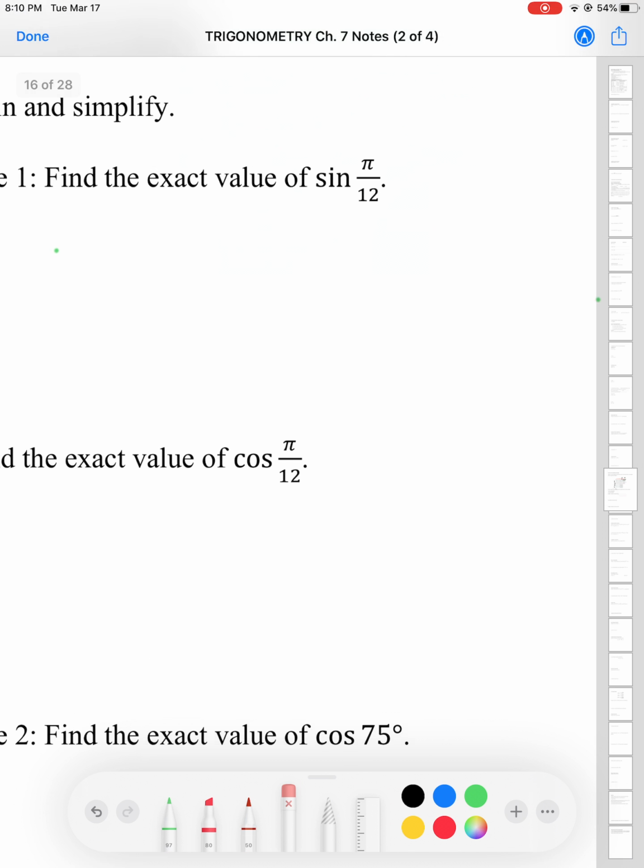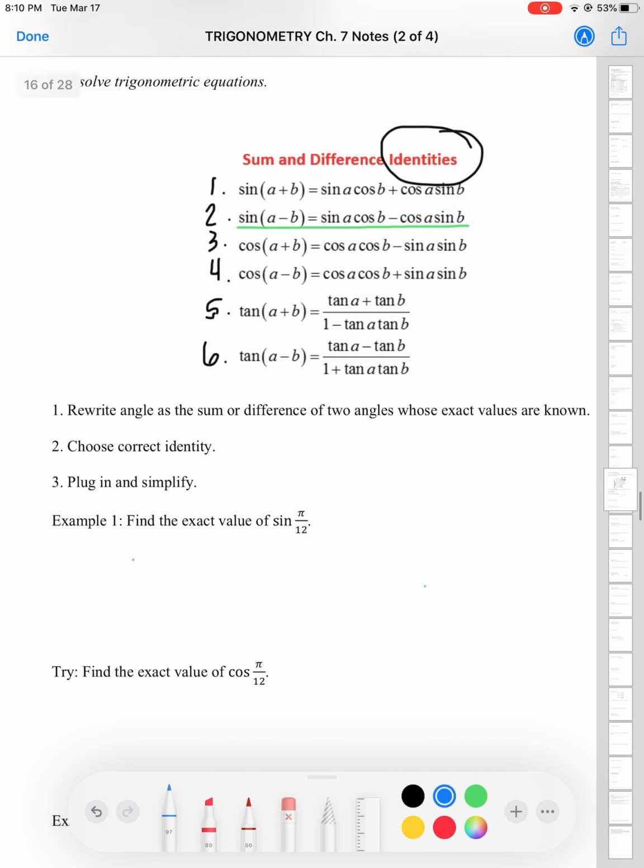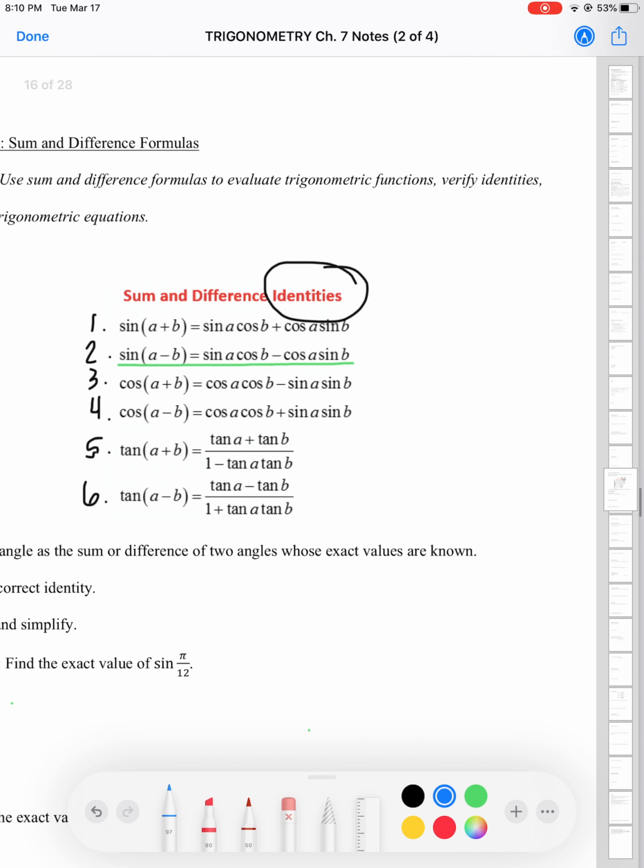So, we already did pi over 12, so we know that it is pi over 3 minus pi over 4, but this time it's cosine. So this time, instead of using number 2, we're going to be using number 4.